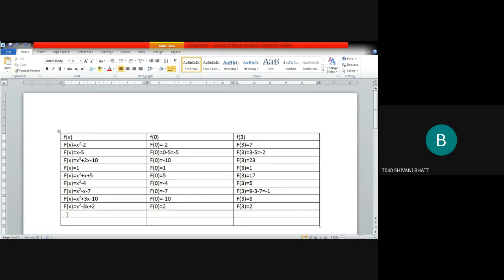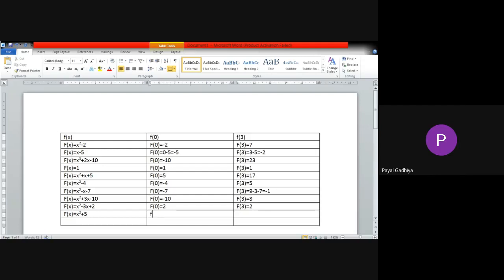f of x is equal to x square plus 5. On your camera, no, Shivani? f of x equals x square plus 5. f of 0 is equal to 5.